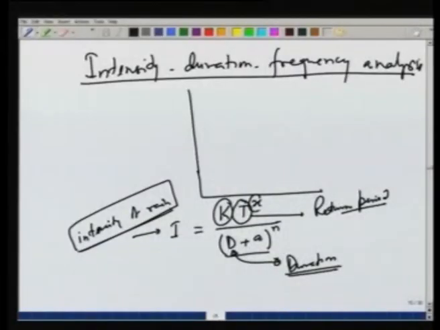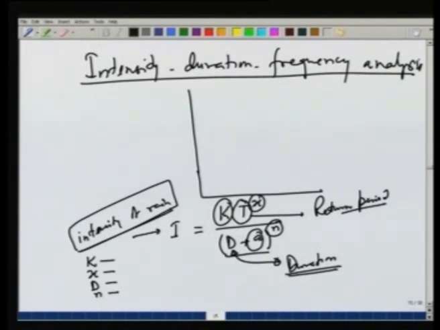The values of K, x, n and a, they vary from area to area, but some typical values again for Indian conditions can be written. There is a wide range of these values given in literature.